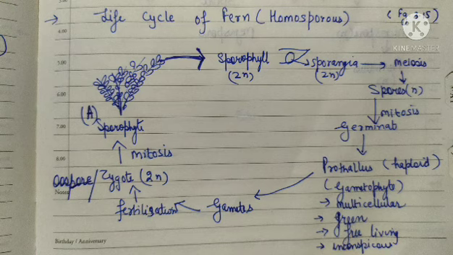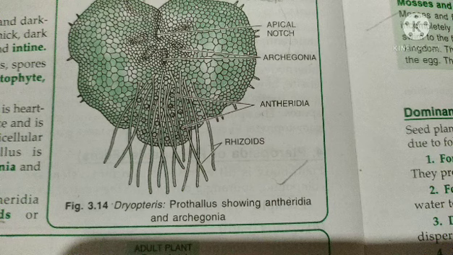This prothallus is multicellular, it is green, and since it is green, it can perform photosynthesis, and this is a monoecious structure, meaning it has both male and female sex organs present on it. The male sex organ is referred to as antheridium, and the female sex organ is referred to as archegonium. Both are present on the prothallus.